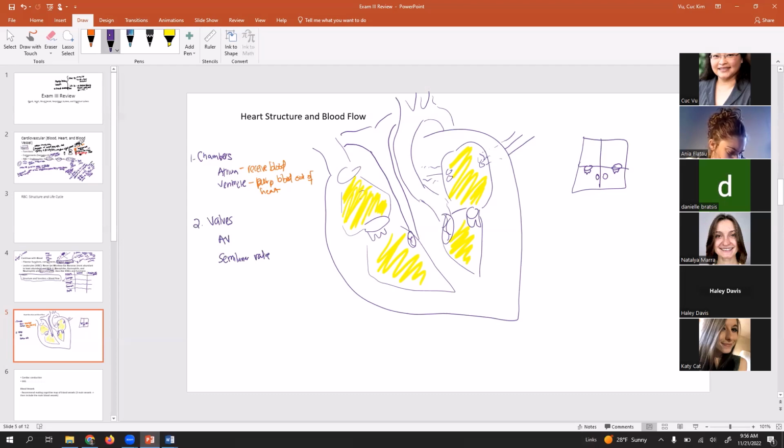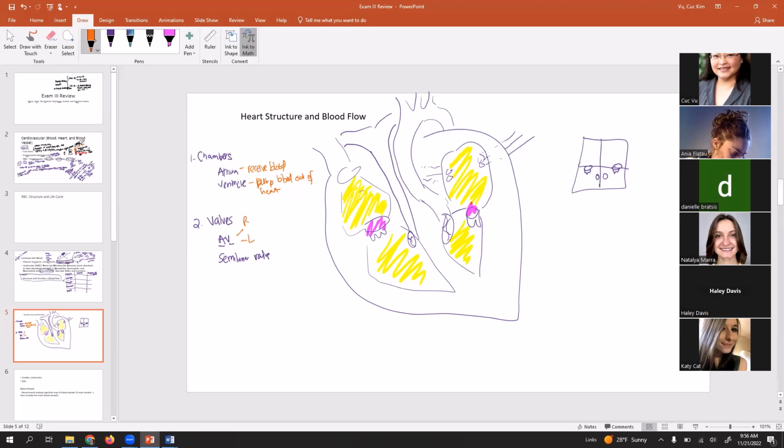The AV valves are between the atrium and the ventricle. So here's one, and here's another one, between the atrium and the ventricle. There are two of them, one on the right and one on the left.